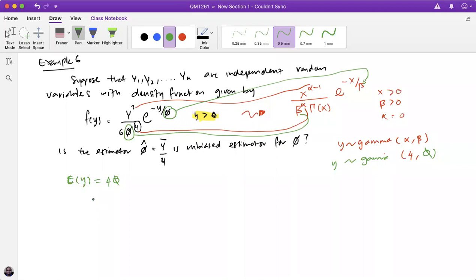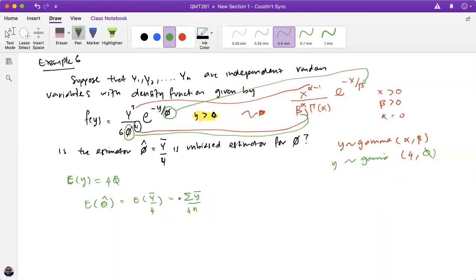To know whether theta hat, y bar divided by 4, is unbiased estimator for theta, we use expected value of theta hat. So this one should be expected value of y bar divided by 4, which is summation of y divided by n.